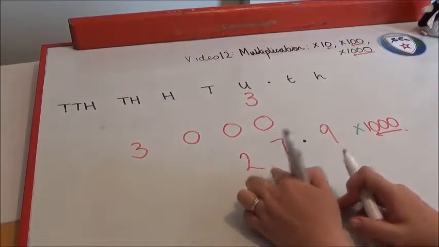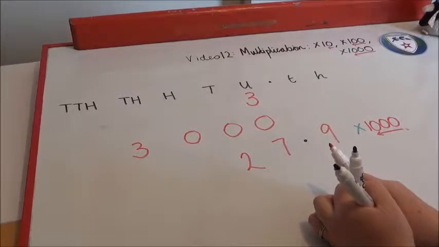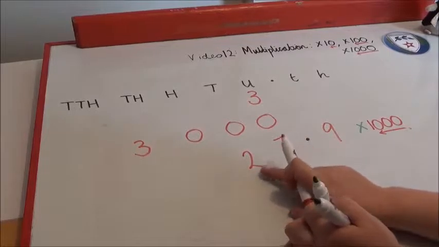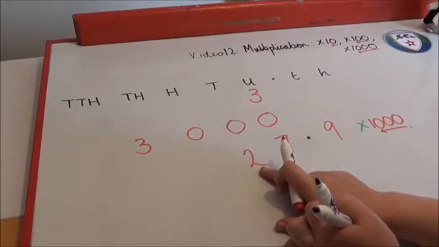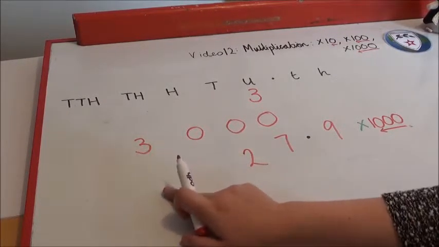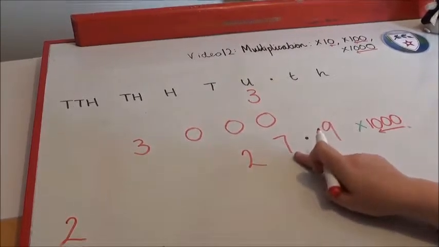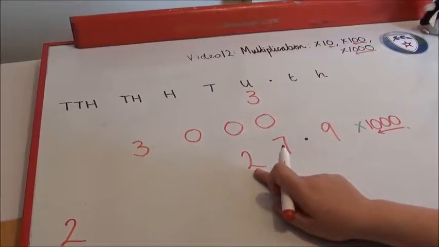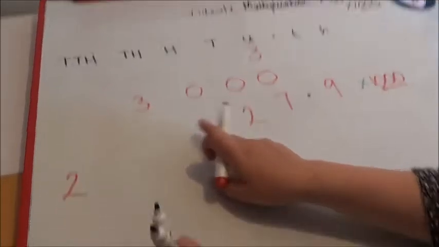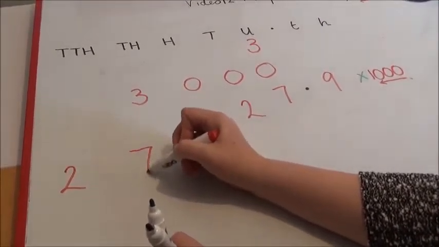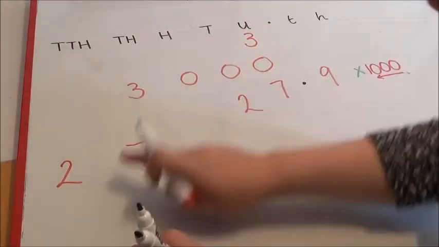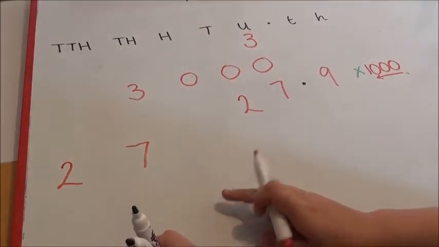Okay, so 27.9 times by 1,000. I'm going to move my 2 tens, not into the hundreds, not into the thousands, but into the tens of thousands. 7 units, not into the tens, not into the hundreds, but into the thousands. Remember, we called this our thousands family. So at the moment I've got 27,000.